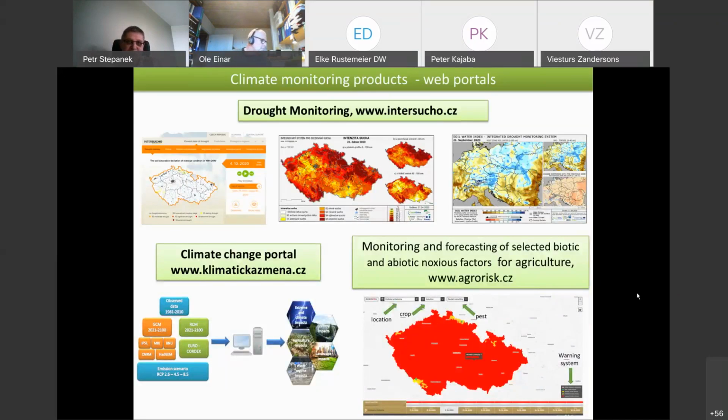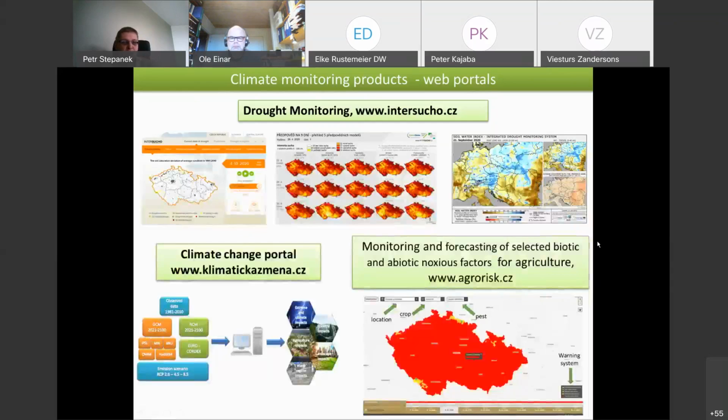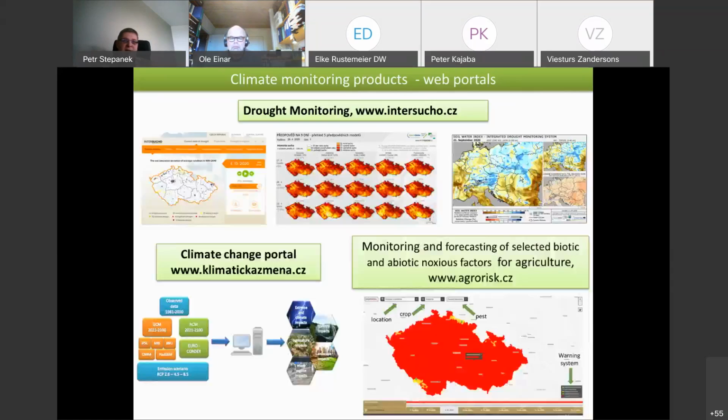Further, it uses some soil moisture models, and also here we used forecasts. And as for drought monitoring, maybe I should mention that it combines not only ground measurements, but also satellite measurements. It's shown in this rightmost picture. And it uses also feedback from farmers, what it actually looks like in the fields.